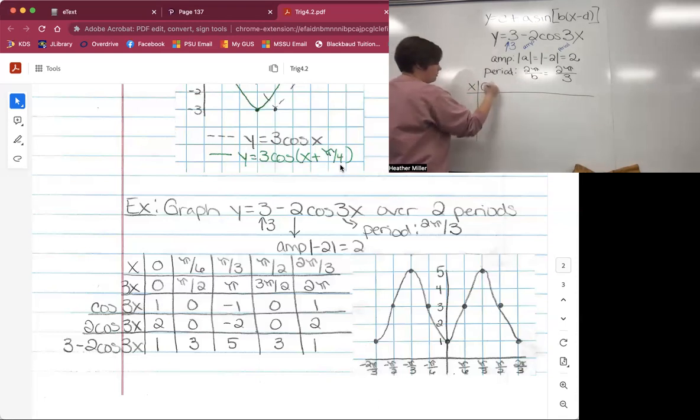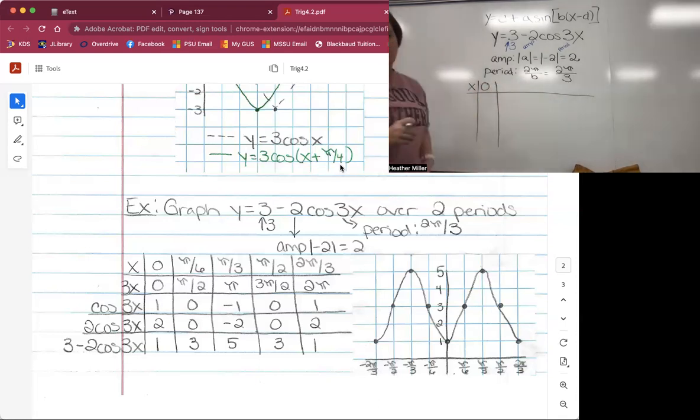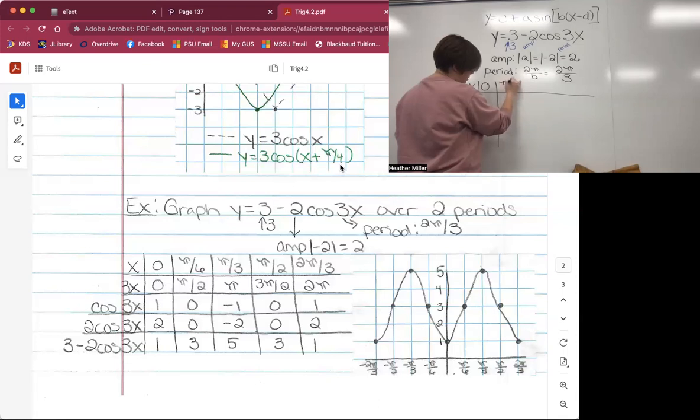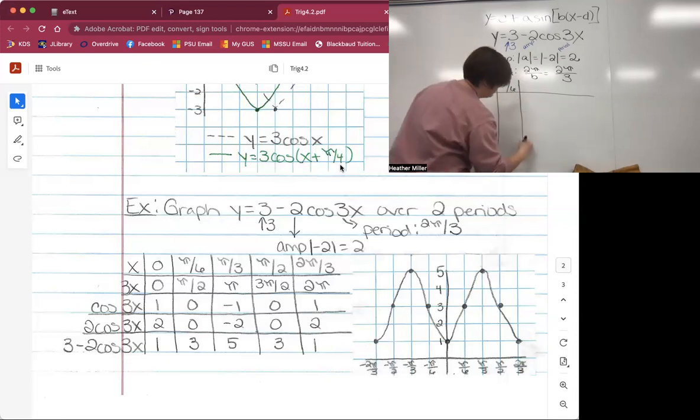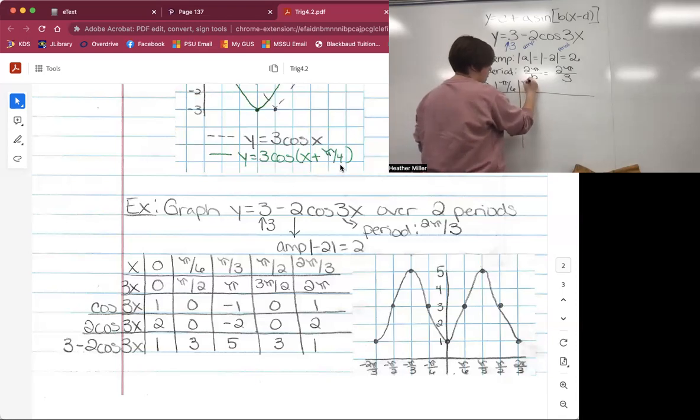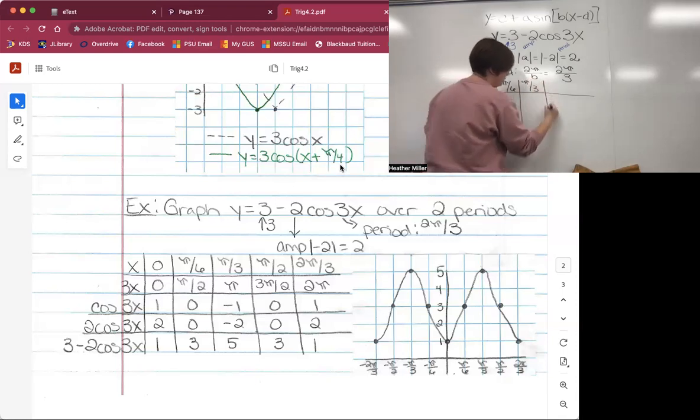Then I start at 0. Next, I would take 2 pi over 3 times 1/4, which would give me pi over 6. Then I would take 2 pi over 3 times 1/2, which is 2/4, which would be pi over 3.